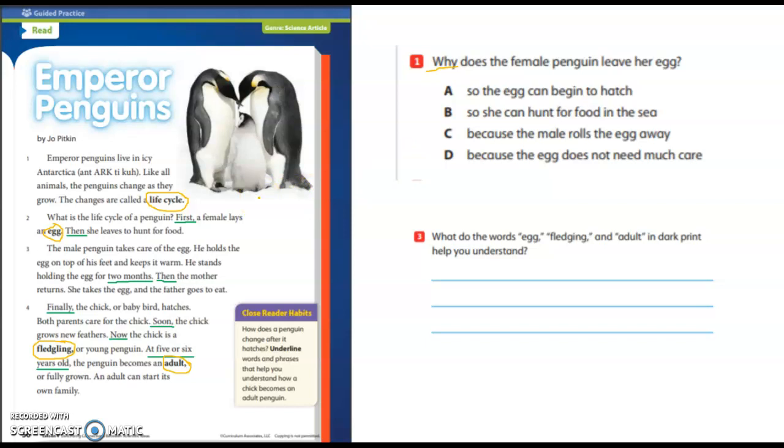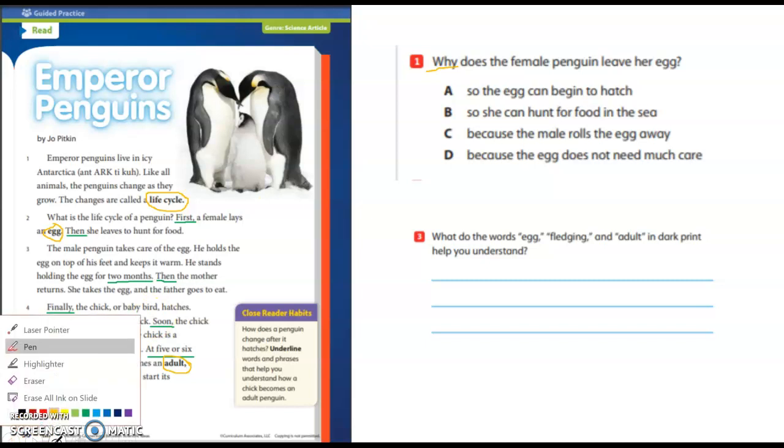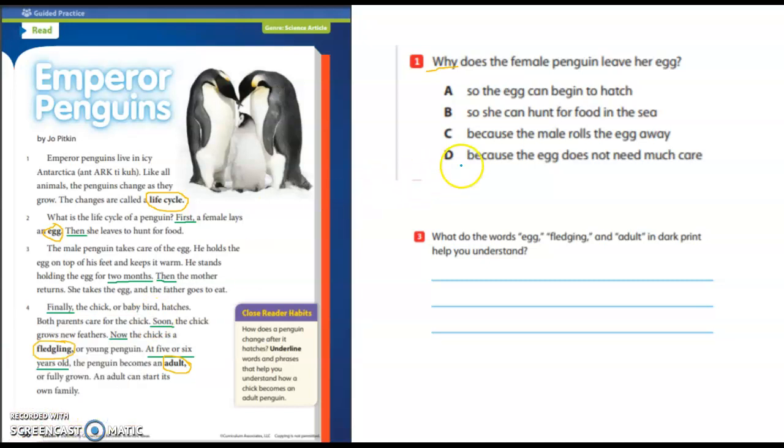Even though we're not writing, we still need to prove our answer. So I'm going back into the text and I'm looking for evidence that answers why she leaves the egg. And I see in paragraph 2, it says, first a female lays an egg, then she leaves to hunt for food. So why is she leaving? To hunt for food. So I came back to the text and I found the answer.